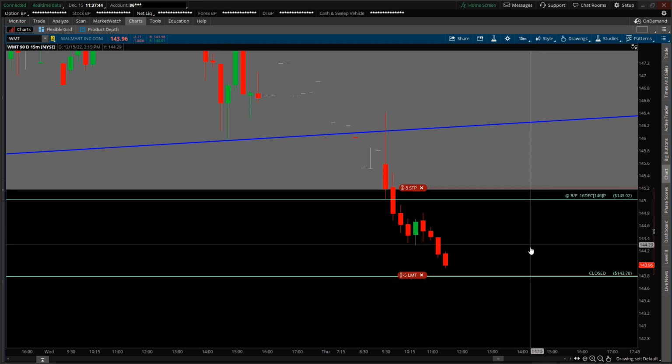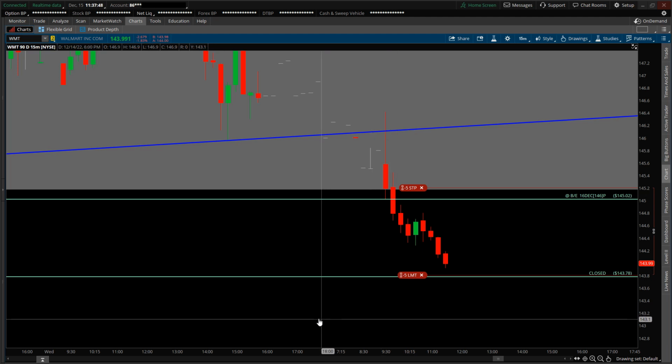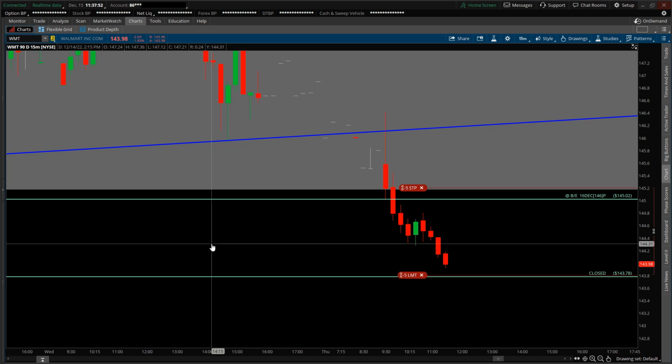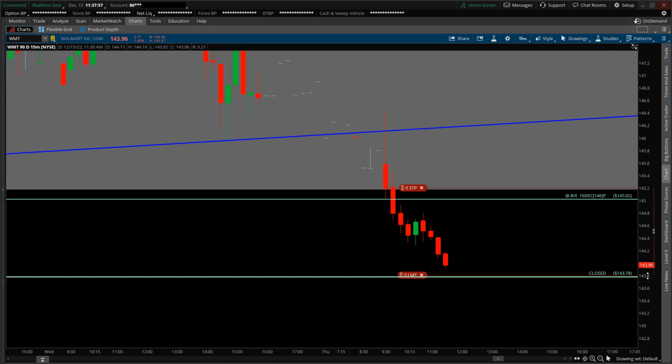So I would be fine closing it out today at some point. Price is now trading at 143.98, and we need to cross 143.78. So another 20 cents.